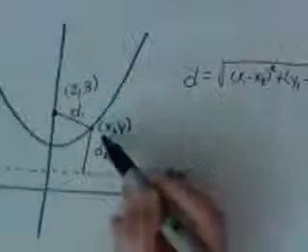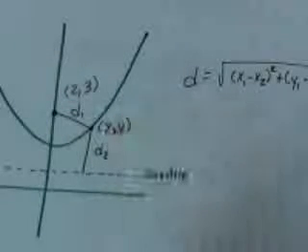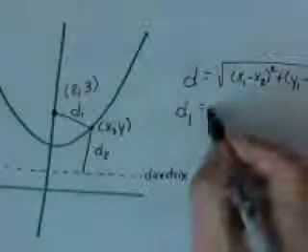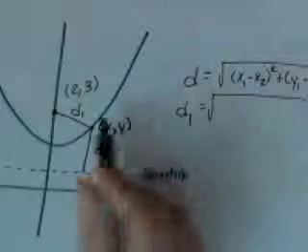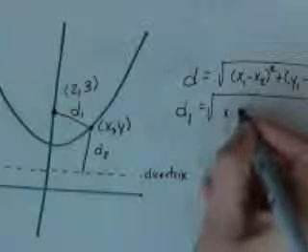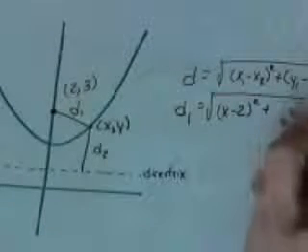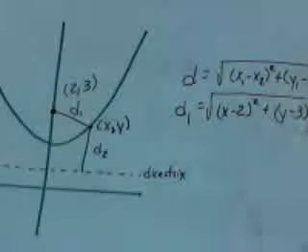I'm just going to leave it as xy. And we can say that d1 is going to be equal to the square root of (x minus 2) squared plus (y minus 3) squared. And that's what d1 is going to be.